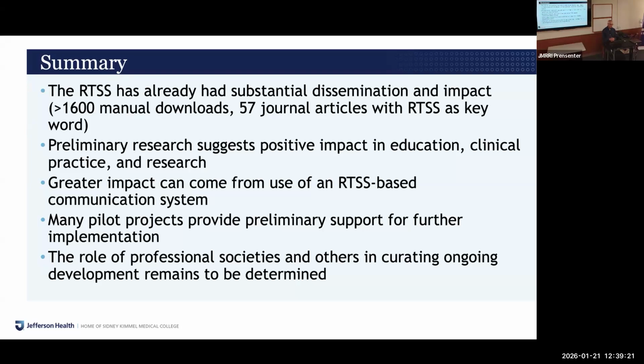And I think this is actually an exciting example of a pretty fast one. To see in 6 or 7 years a go from published articles to pretty widespread attempts at implementation in a lot of different venues. We've had over 1,600 manuals downloaded internationally, 57 journal articles where RTSS is a key word, and of course more where it's a minor detail.